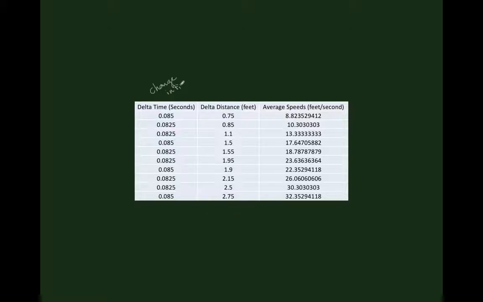And notice that these are all pretty much the same value. They are all the same except for the first and last ones, and they're off by just a teeny bit there. But that's because of the time lapse on the camera. So the change in time was constant from one picture to the next picture on the camera.